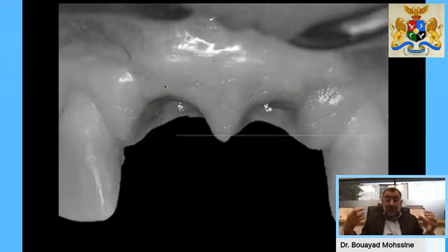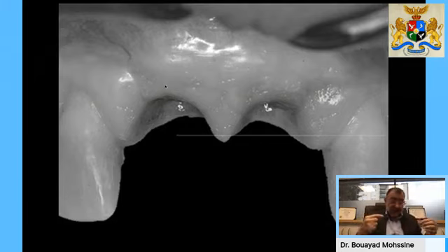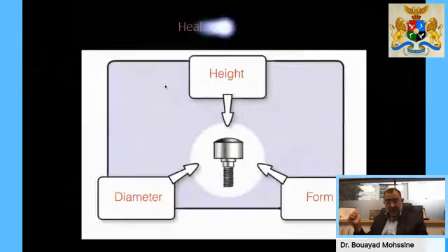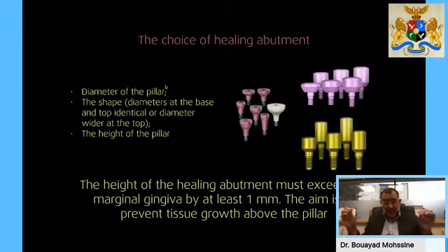And we have to recreate a new papilla. This papilla will be created with soft tissue grafting, connective tissue grafting over the implant in the second stage of the surgery. We have to choose the good height, the good diameter, and the good form of our healing abutment.